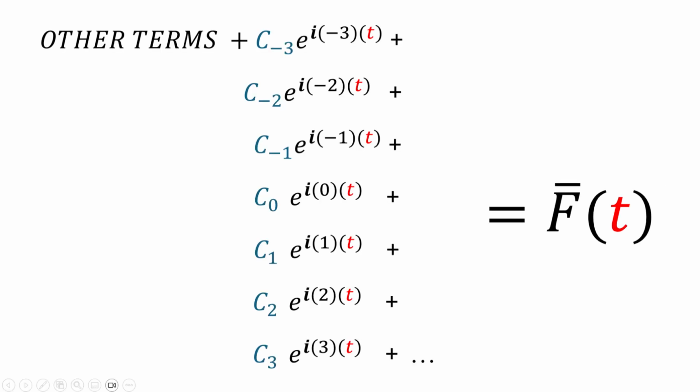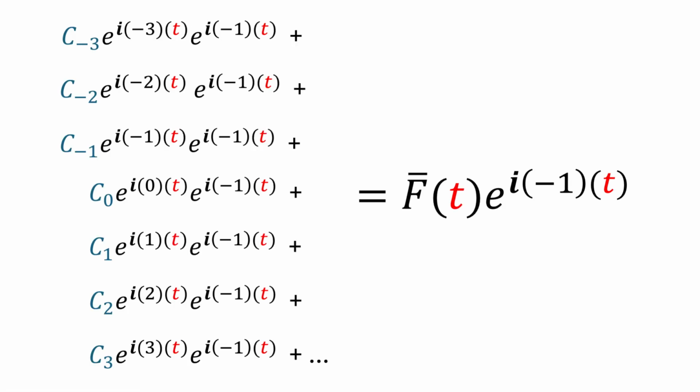This time, before we integrate, let's multiply both the left-hand side and the right-hand side by e to the i times -1 times t. We see that on the left-hand side, because of exponential rules, this will shift all of the n's up by 1. So -3 becomes -4, -2 becomes -3, and so on.